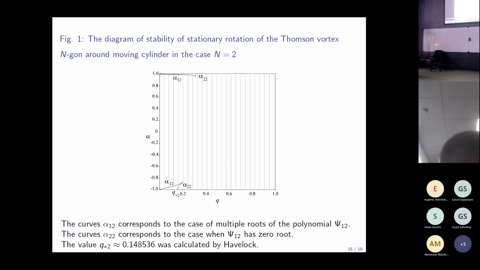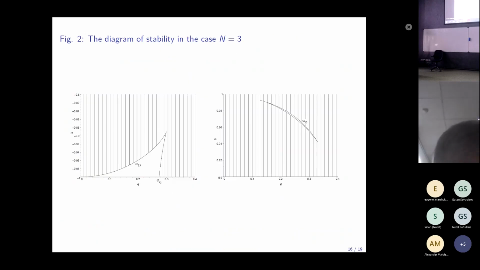Next, please. The diagram of stability in the case n equals 3. We have two white areas of linear stability.